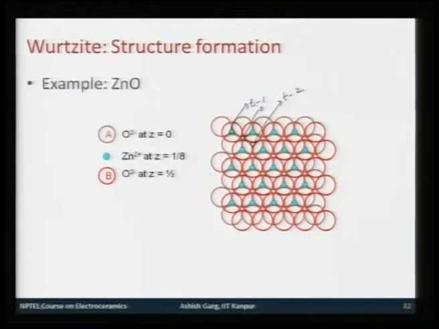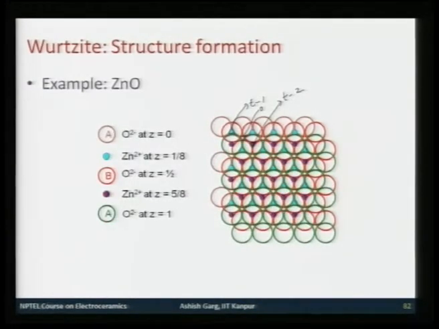So, when I put the next layer of zinc atoms, where are they going to go? They are going to go into positions where tetrahedras are pointing in one particular direction. So, we will see. So, now I put the second layer of zinc and oxygen atoms, and they go in the positions which are again pointing upwards. So, these are the ones which will be pointing upwards.